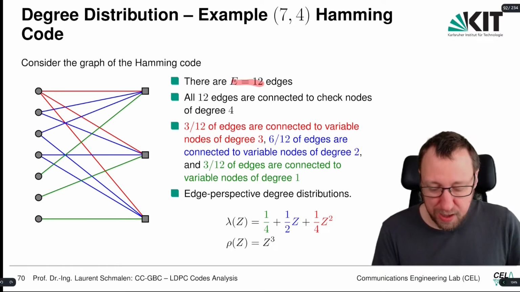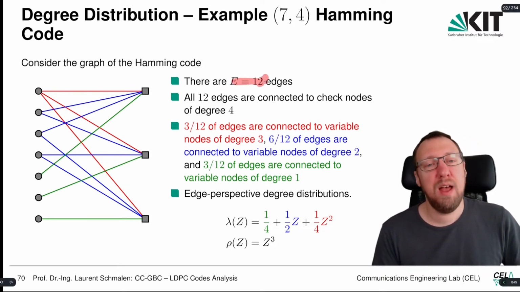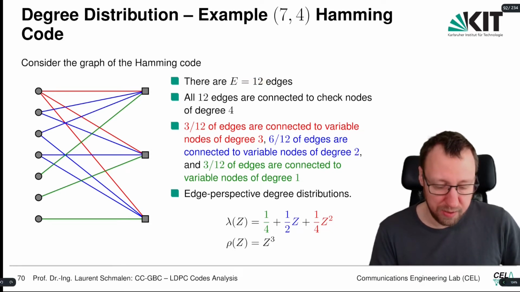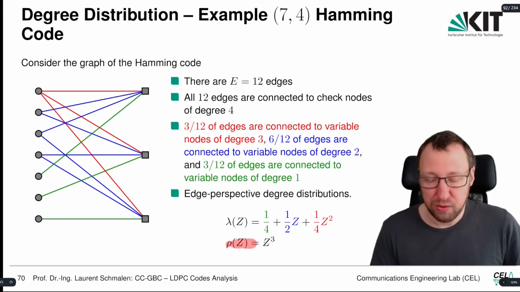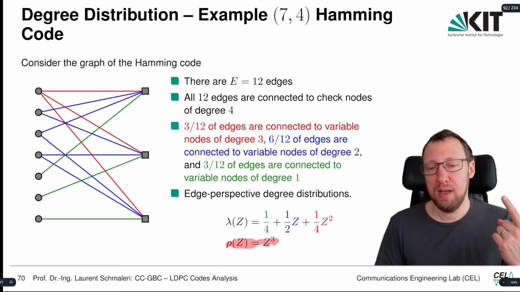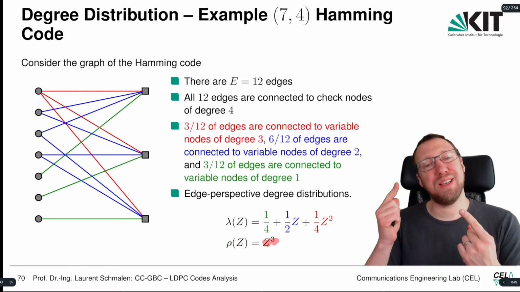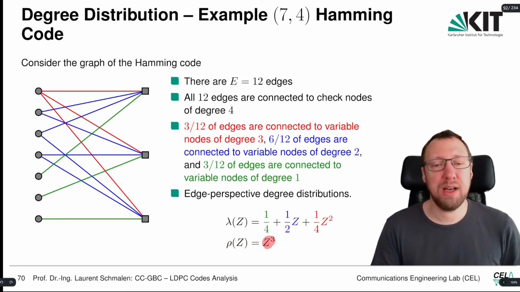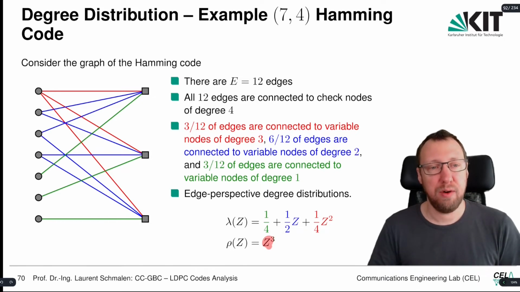We have E equals 12 edges, and all 12 edges are connected to check nodes of degree 4. So rho of z is equal to z cubed. We have a cube because we have I minus 1. So this tells us all edges are connected to check nodes of degree 4.